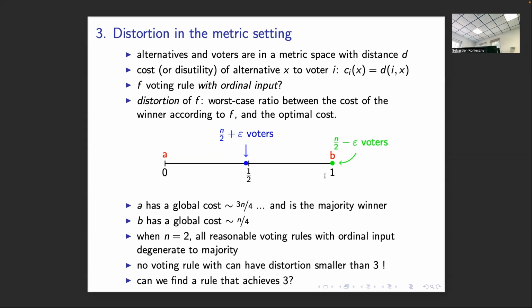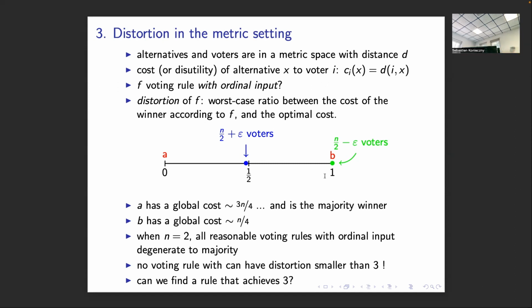What is majority going to say? Well, there are a little bit more voters who prefer A, because of this epsilon. So A will be the winner. Now, what are the costs of A and B? A has a cost 3n/4.